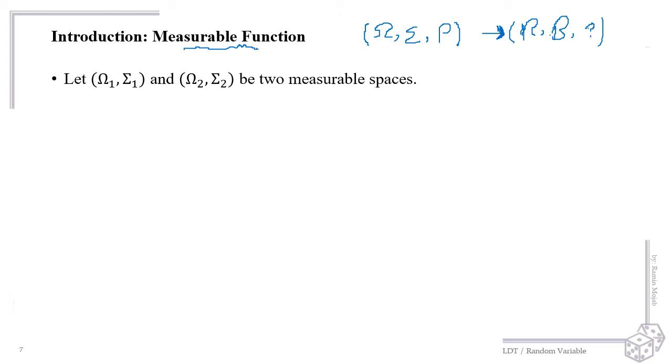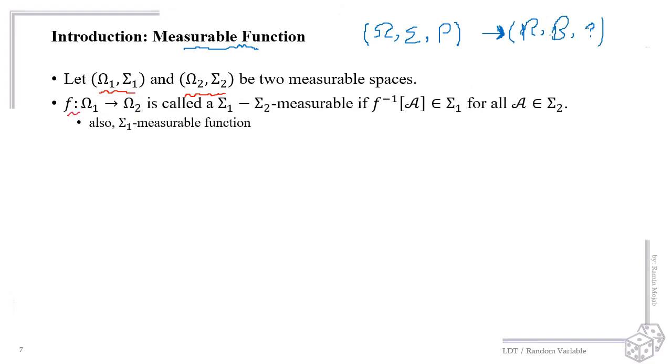Okay, let omega 1, sigma 1 and omega 2, sigma 2 be two measurable spaces, and this function from omega 1 to omega 2 is called sigma 1 sigma 2 measurable, or simply sigma 1 measurable function, if the inverse image of A for all A in sigma 2, the inverse image of A under f, is in sigma 1.